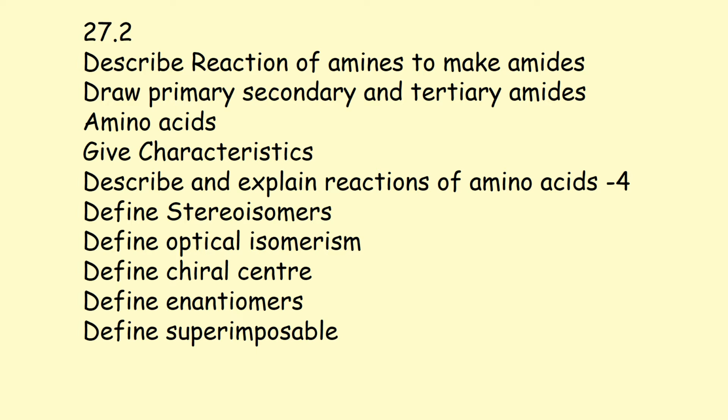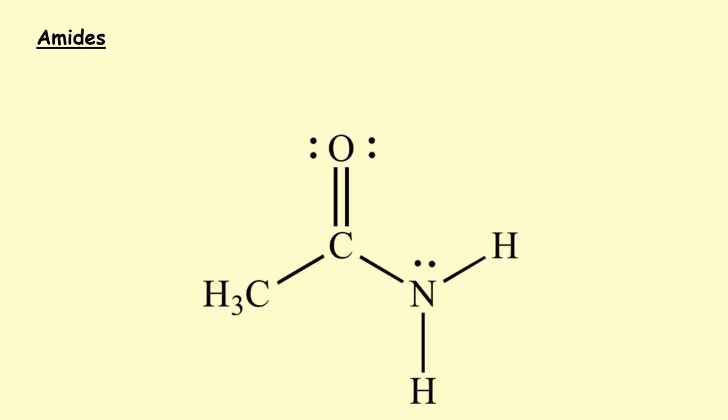So I think this will be a topic where you'd want to take extra notes, because I say a little bit extra. Right, so this is the structure of amides. It's a derivative of carboxylic acid.